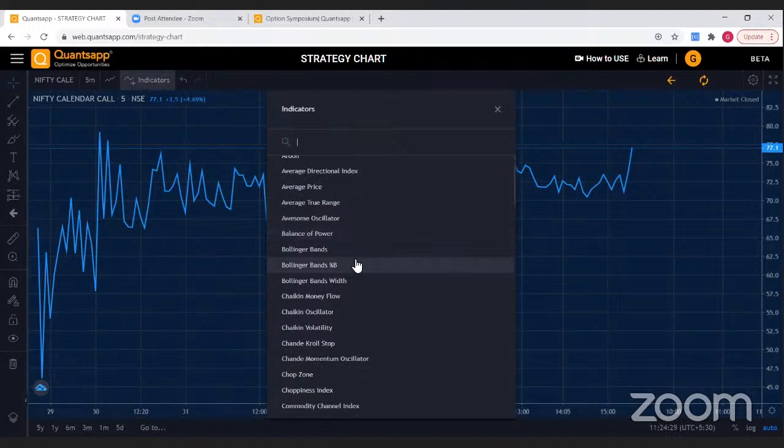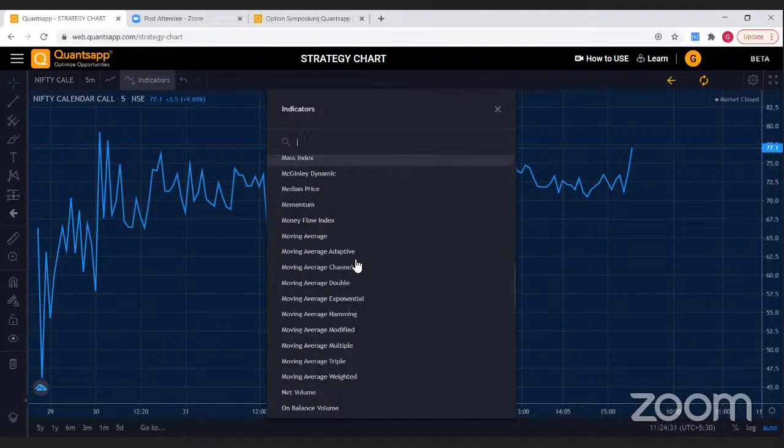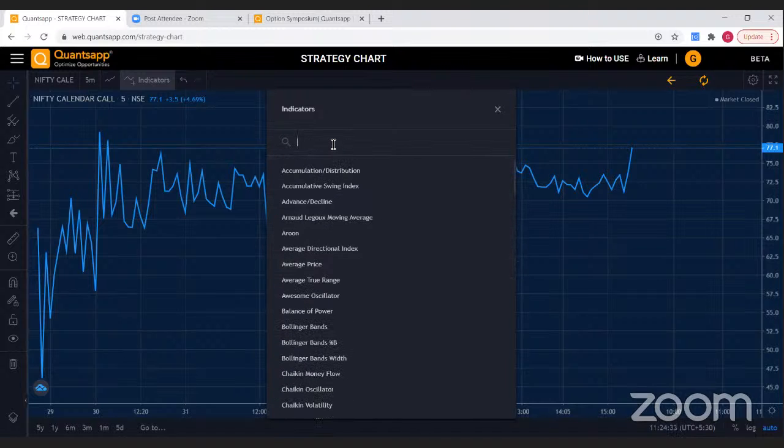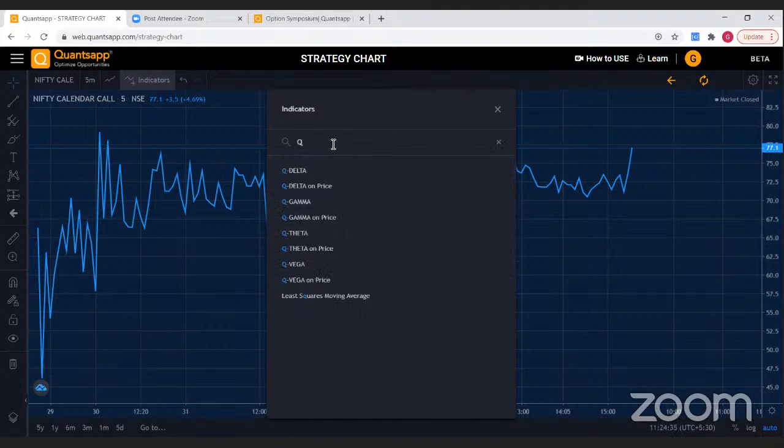You have all the indicators on the side. If you type Q, you can see Q stands for Quantsapp. We have tried inputting the delta, gamma, theta, vega for any of your custom strategy on the chart.